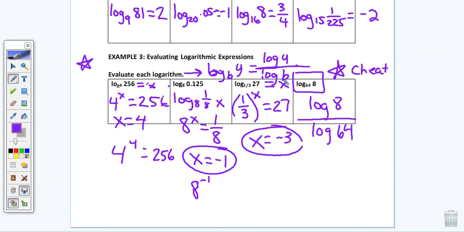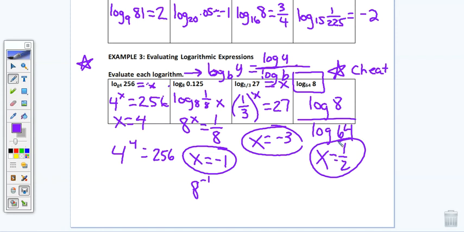And it better kick out what answer? 4. So if they ever ask you to evaluate, do log of your value, log y, over log of your base.